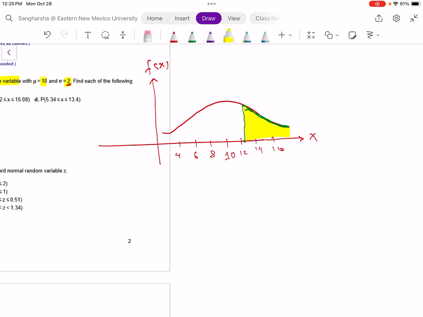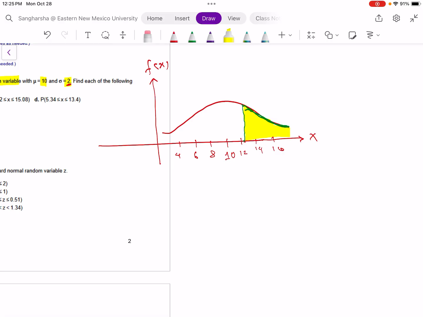what do we need to have? What kind of distribution do we need to have? This is a normal probability distribution. But in order to use the Z table, what kind of distribution do we need to have? Can we use a Z table for a normal distribution? There is a specific type of normal distribution that we use in order to use the Z table.